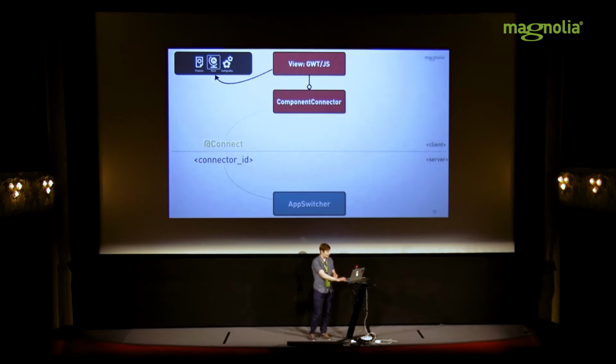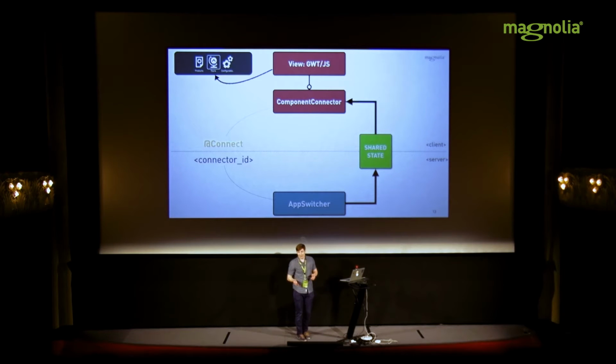And those two communicate with each other in two ways. First of all, there is a shared state. It's an object, a simple Java POJO, which allows you, in a nice way, to keep a set of properties that are essential for your component and communicate them from server to client. So the server side keeps the state.